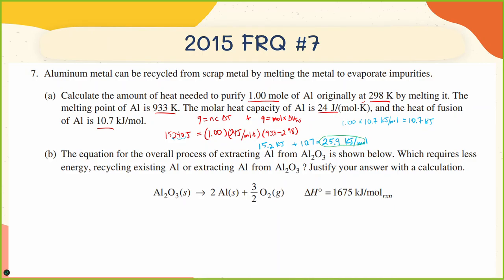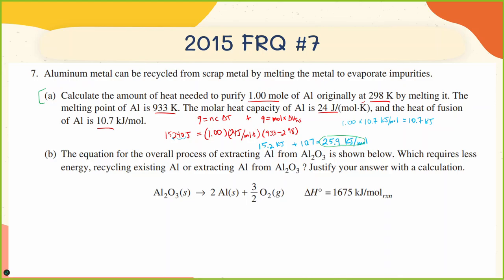The equation for the overall process of extracting aluminum is shown below, which requires less energy, recycling or extracting it from the ore? So here's your recycling up here, right? And then here, so if we had recycling or extracting it from here, this would be... Justify your answer with a calculation.